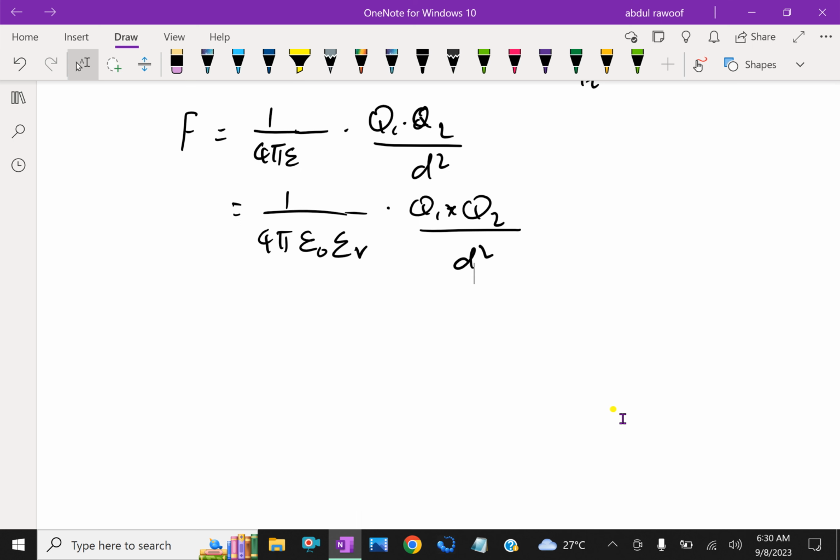Therefore, 1 by 4 pi epsilon is approximately equal to 9 into 10 power 9.